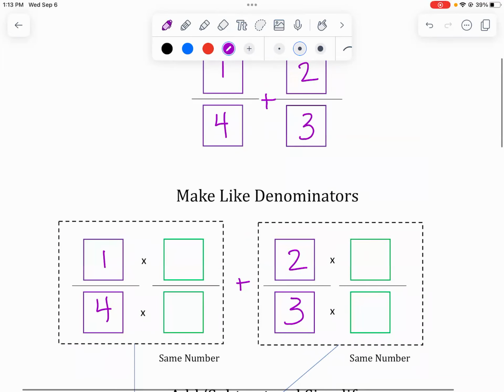So at the very least, what we can do, this fraction that has the denominator of 4, we can multiply by the number that is in the other denominator, 3/3. Remember, it has to be 1. And then over here, where our denominator is 3, we're going to multiply by the other denominator, 4/4.